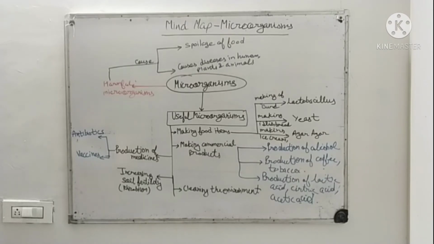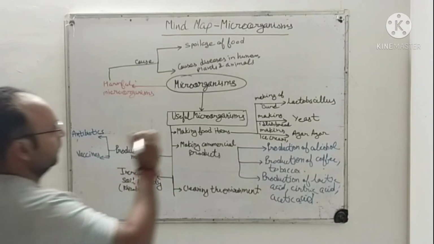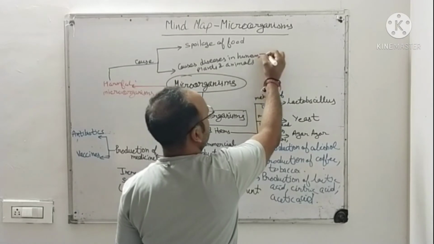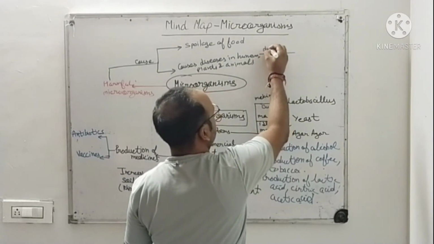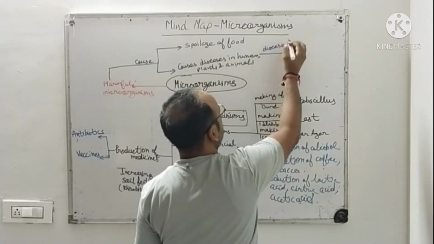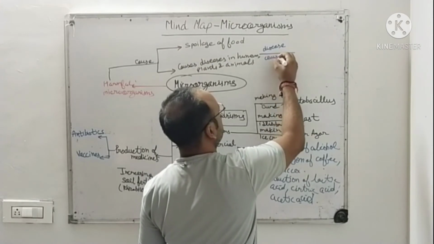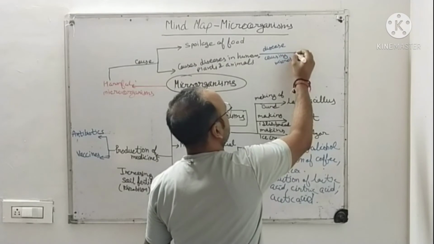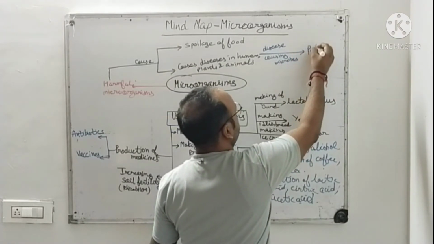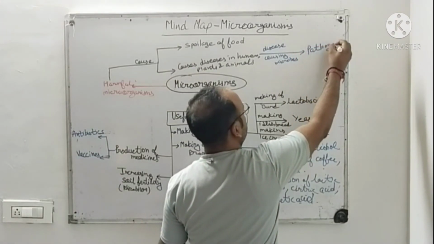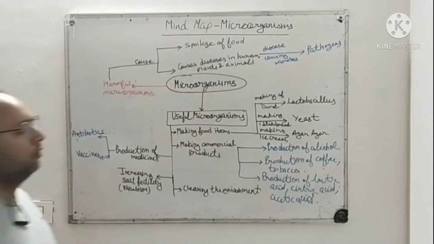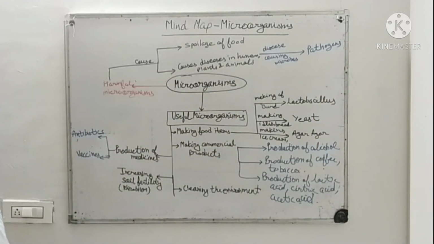Right? Now, if I go further, causes diseases in humans. So, disease causing microbes, we call them pathogens. And how do they spread?